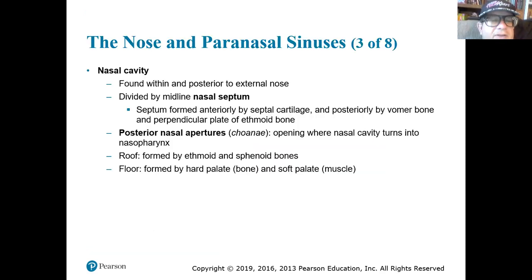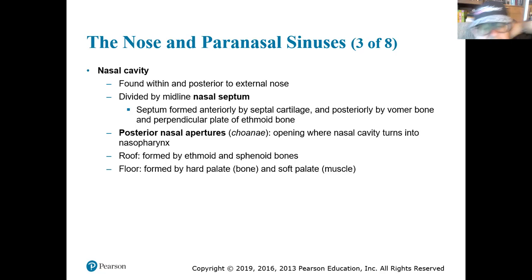So the nasal cavity is within and behind the external nose. We have a nasal septum down the midline. The nasal septum is at the front formed by the septal cartilage, at the back by the vomer bone and a perpendicular piece of the ethmoid bone.